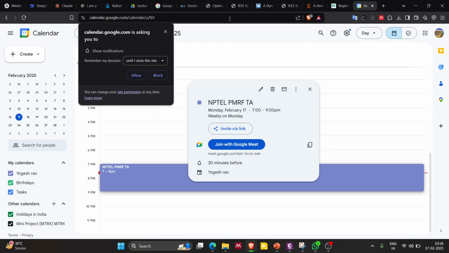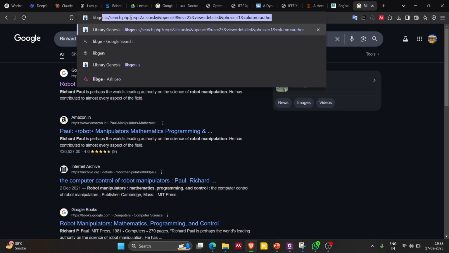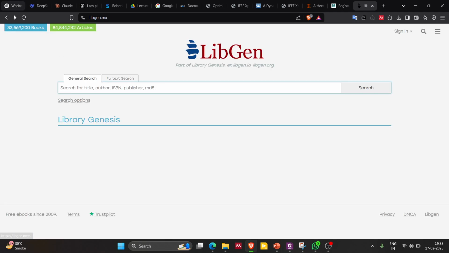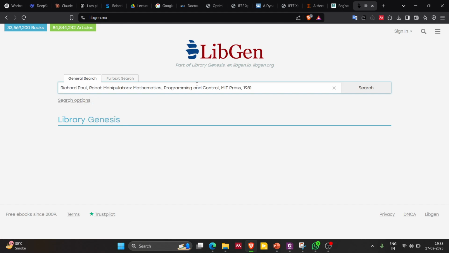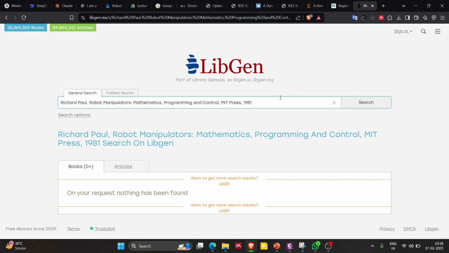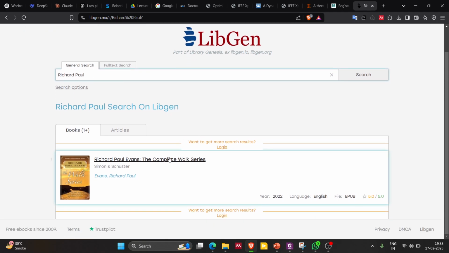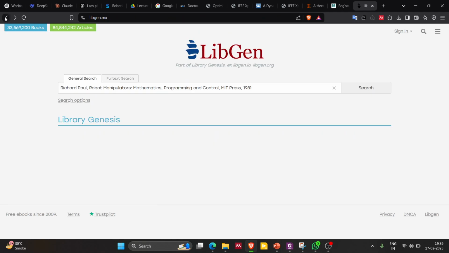I think there is no soft copy readily available, but you can easily get this copy by using LibGen. LibGen is a website where you can go. I have downloaded this using LibGen, and there are different sites for LibGen.